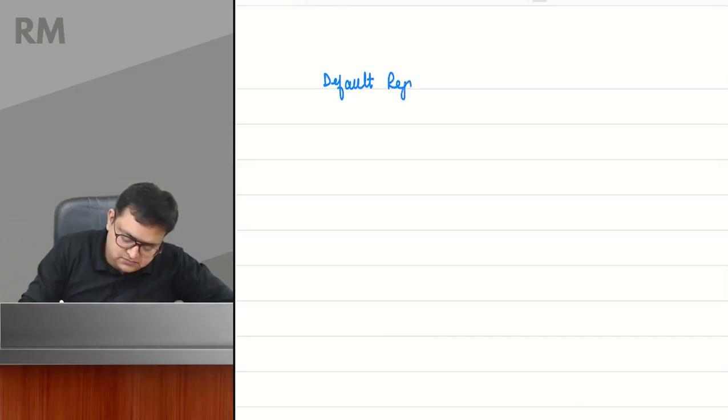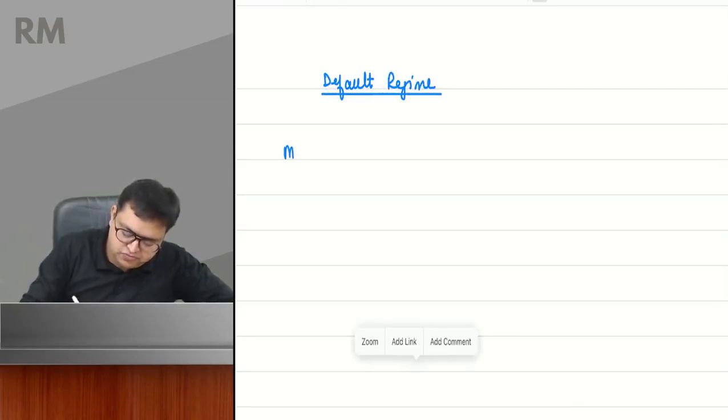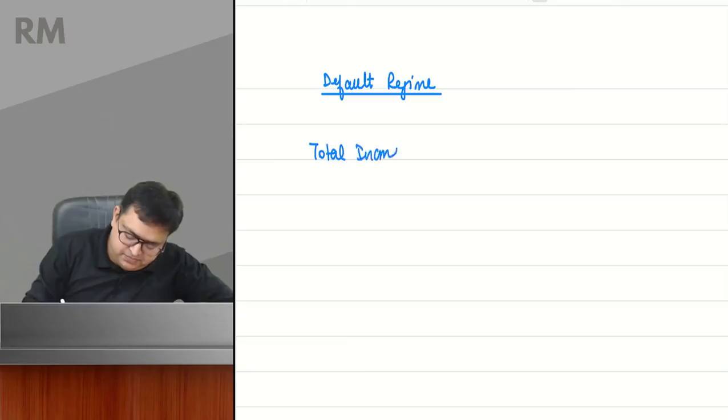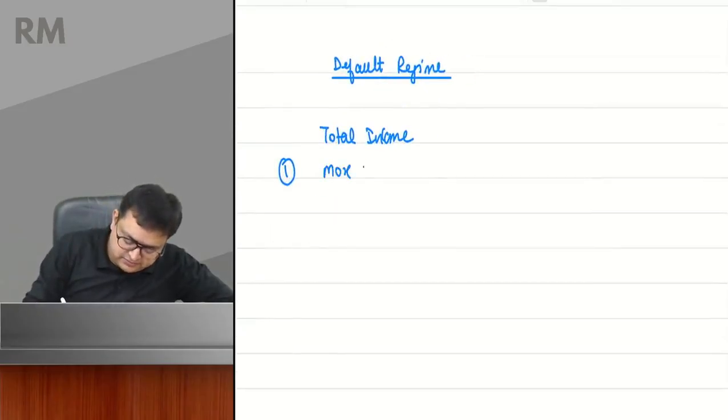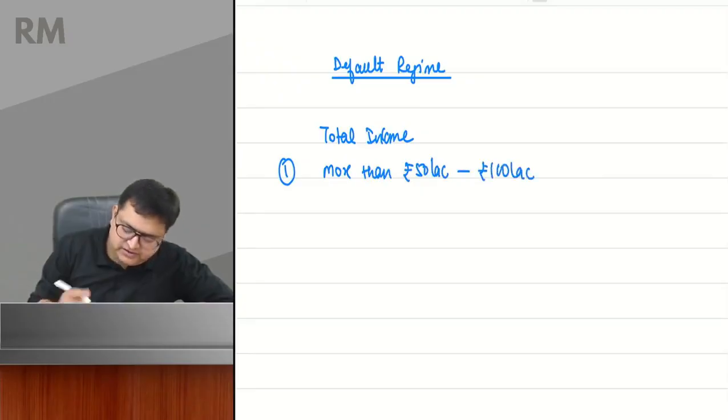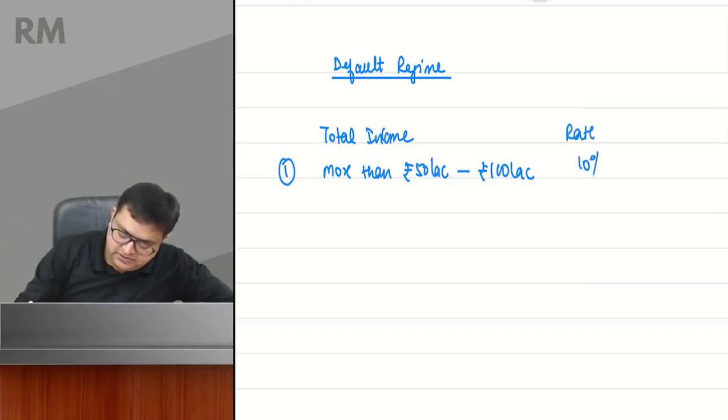But in default regime, first level is if the total income is more than 50 lakh and up till rupees 1 crore, 100 lakh, then the rate of surcharge is 10%.